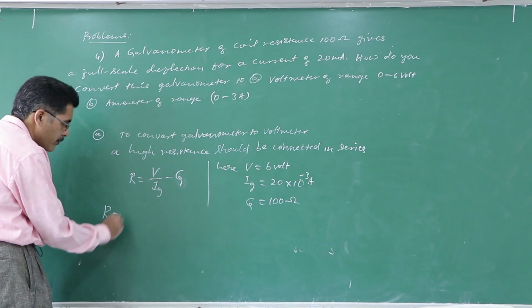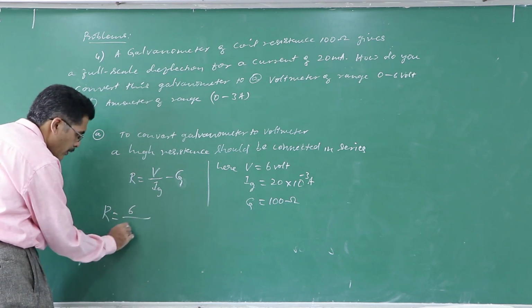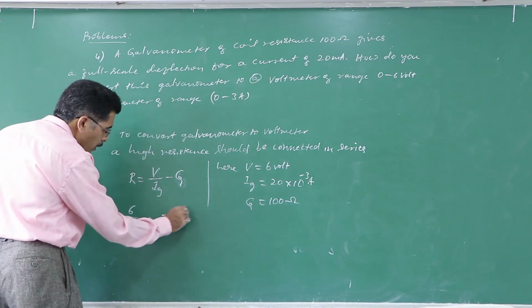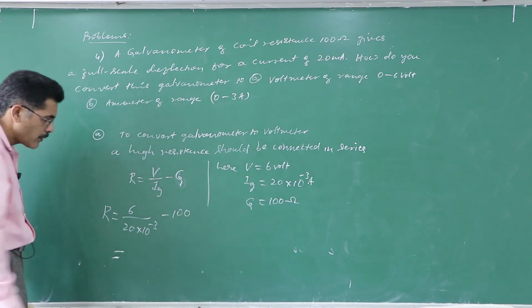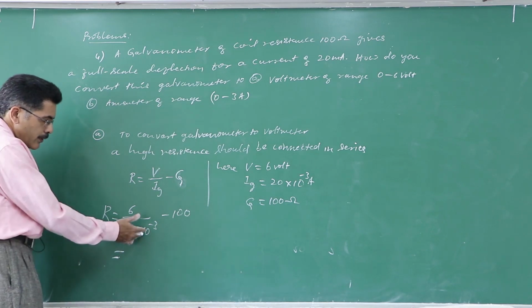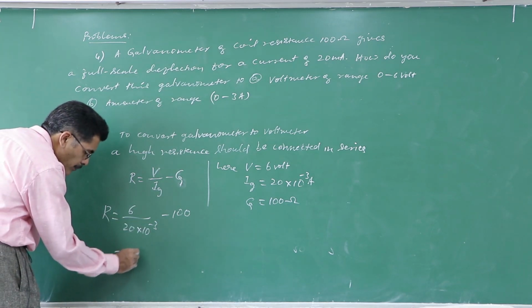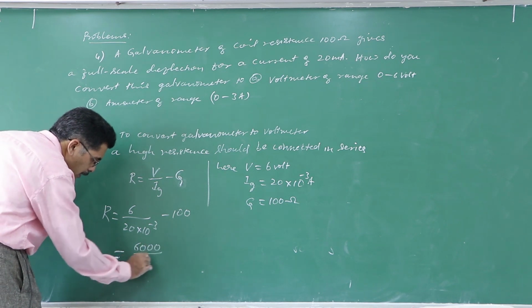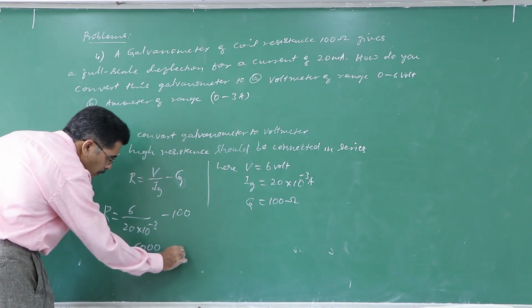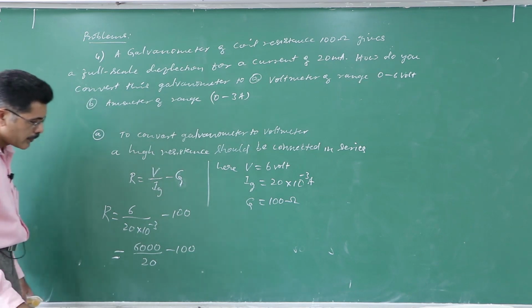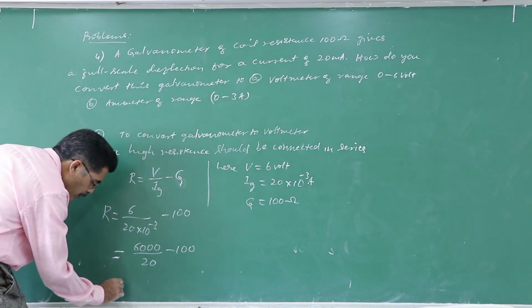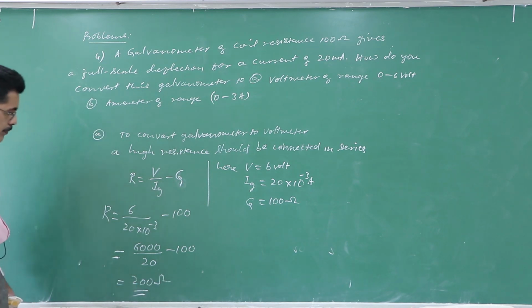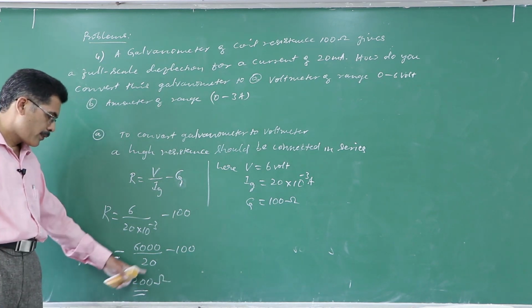R is equal to 6 by 20 into 10 raised to minus 3, minus 100. This is 6000 by 20 minus 100. This becomes 200 ohm.